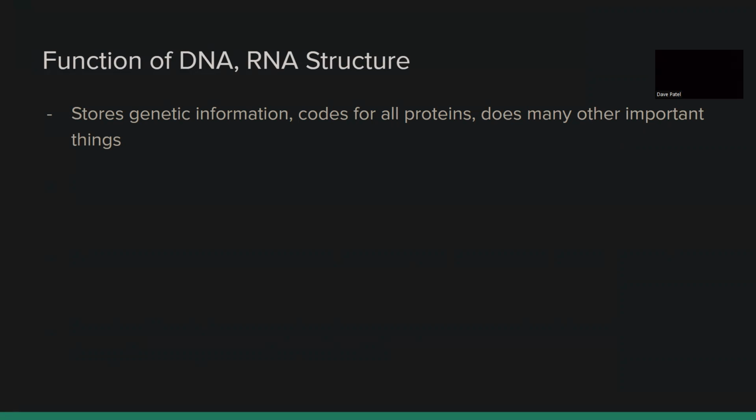It codes for pretty much almost all the proteins in the body through the processes of transcription and translation, to cover in the field. It does many other important things, and sometimes harmful things, like if bacteria or a virus invades. They can take control of your cell too much, which is obviously a bad thing.